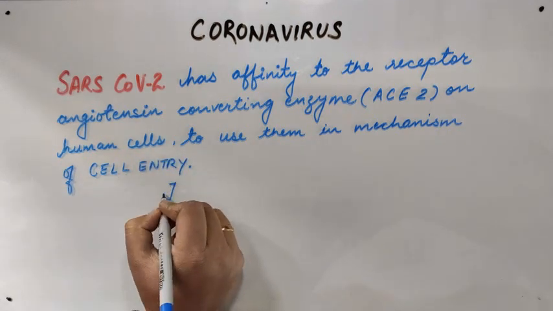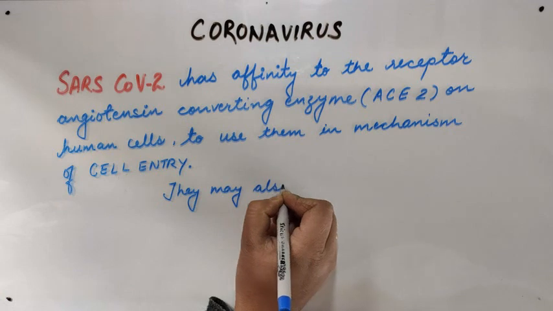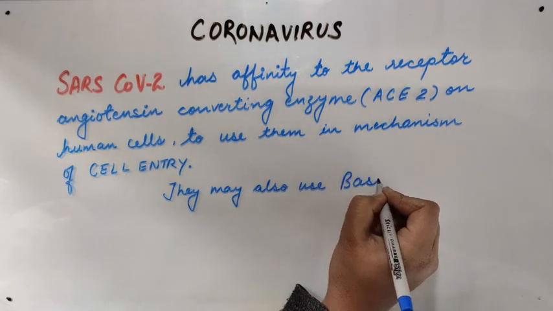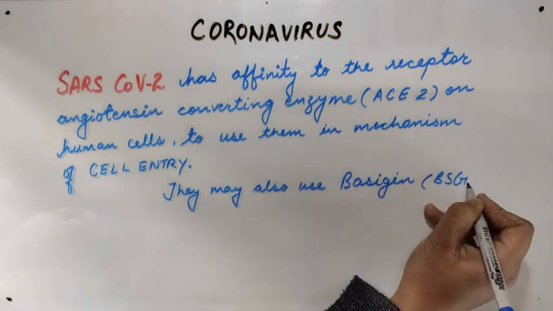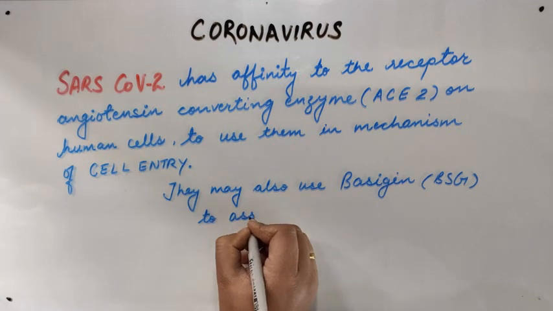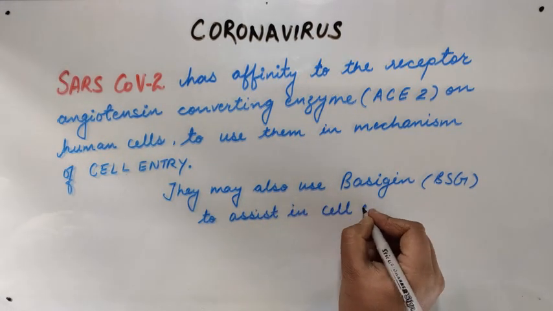The spike proteins on the virion attach to ACE2 receptors. They may also use basigin for the process to enter inside the cell.